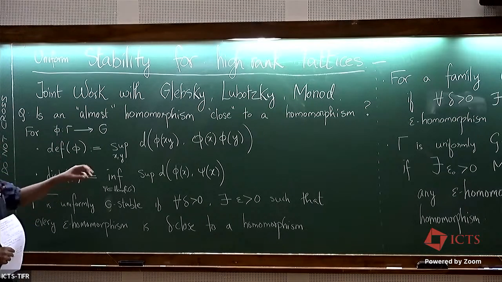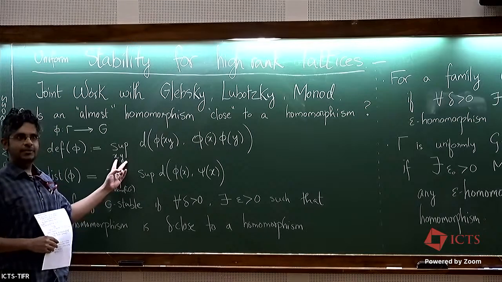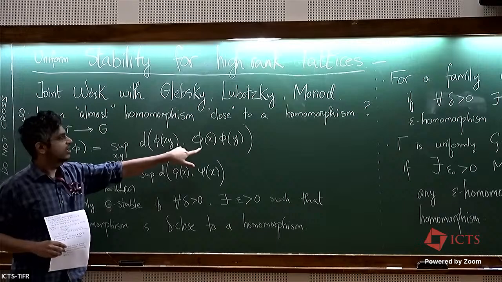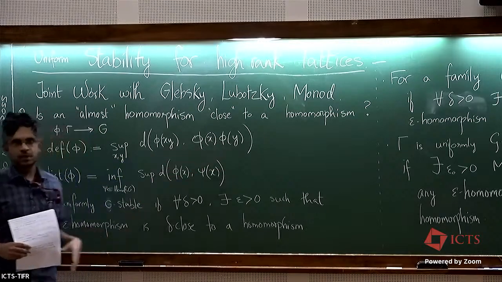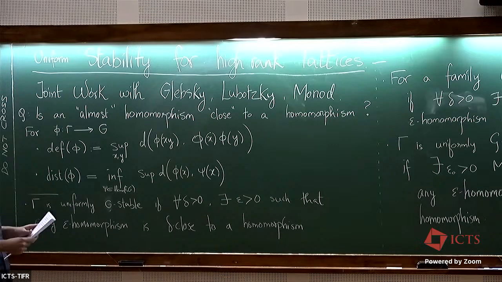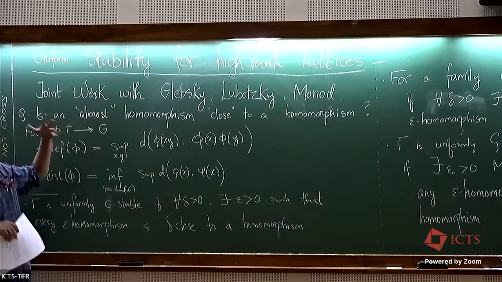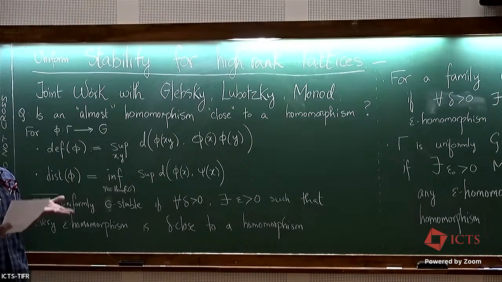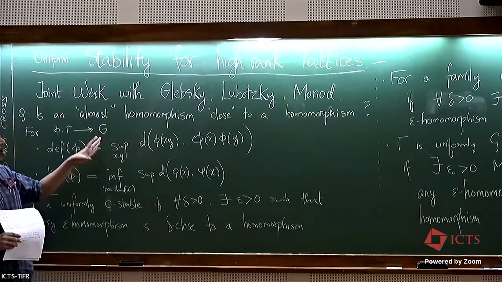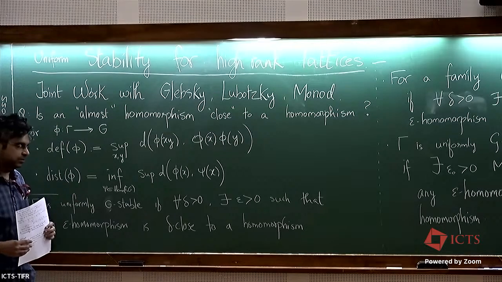That is, we take all possible pairs of elements x and y and ask how far is phi of xy from phi of x, phi of y. If it were a homomorphism, it would be equal. The distance would be 0. So G is some target group which comes with a bi-invariant distance. This is a kind of local notion of how far it is from being a homomorphism.